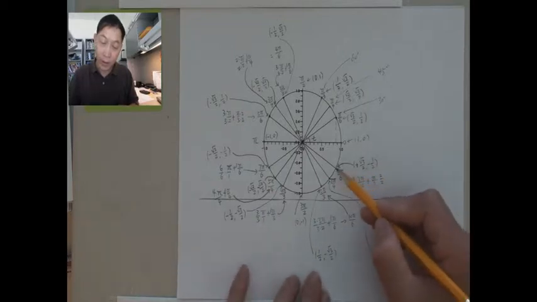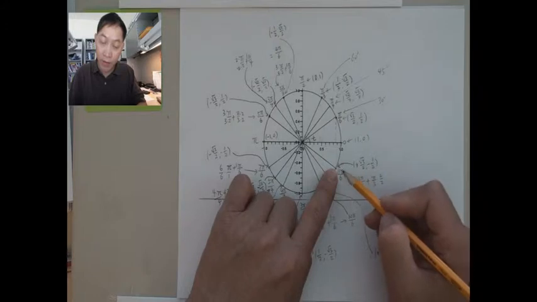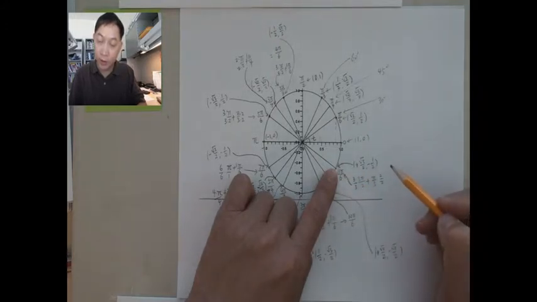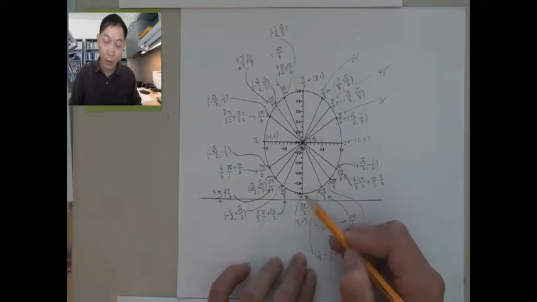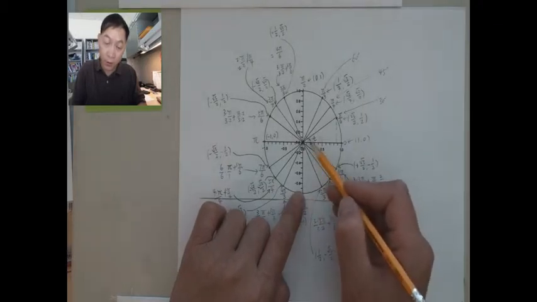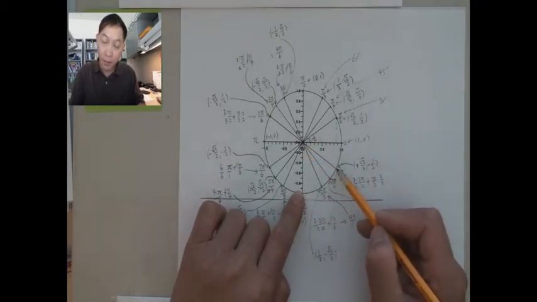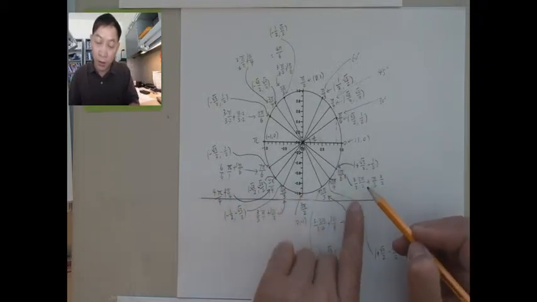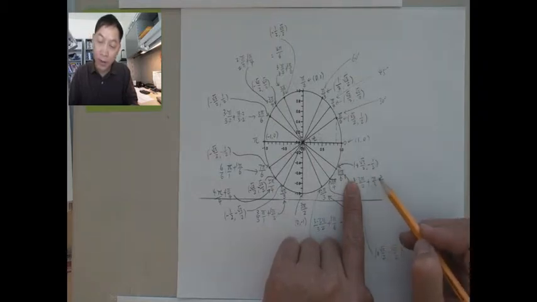Alright, I need to pick this one. This one is 11 pi over 6. Why? Here is 3 pi over 2, that's 270 degrees. You go from here to here, then you add another 60 degrees. So 270 degrees is 3 pi over 2, plus 60 degrees, or pi over 3.